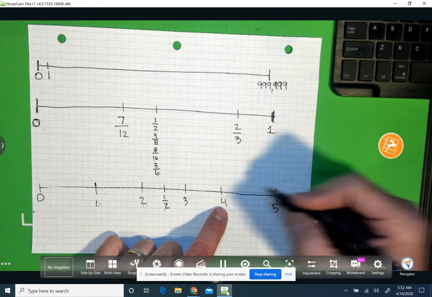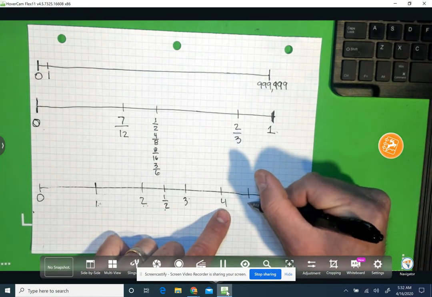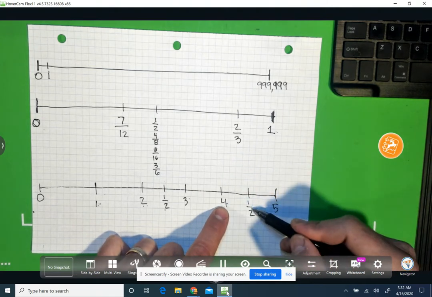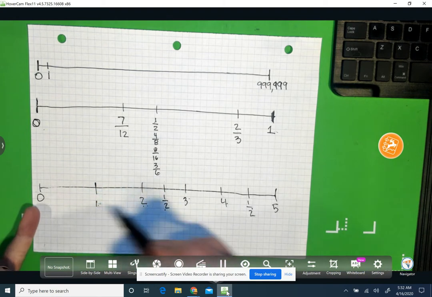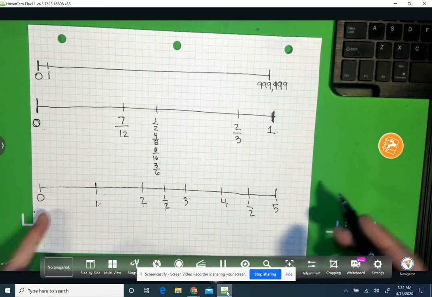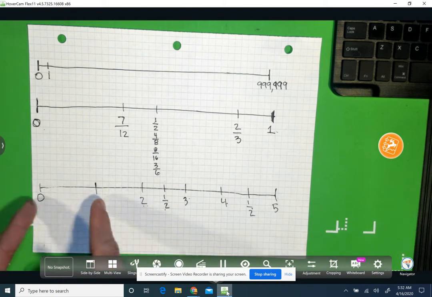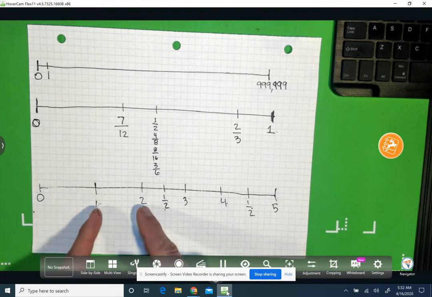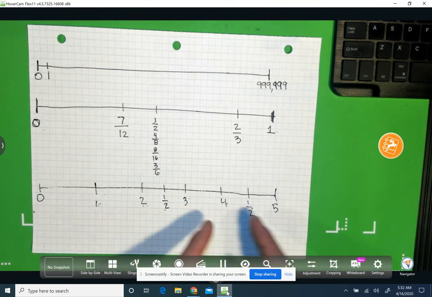You're like, man, it is 4.5 days away. So you got 4.5 here. And so we're going to be dealing with mixed numbers today, and mixed numbers are not just the fractions that are tucked in between 0 and 1, but it's the whole numbers, right? And the fractions that are in between them.